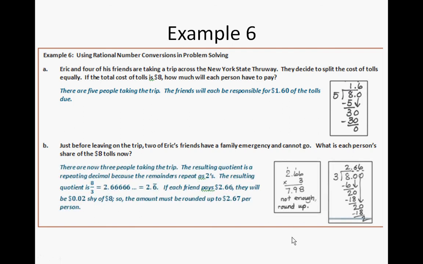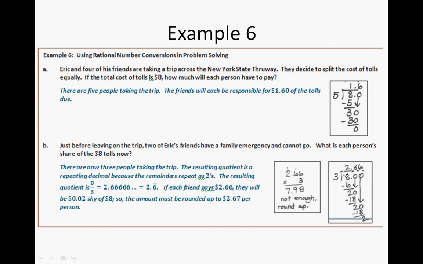So now there are 3 people taking the trip, resulting in a repeating decimal. Notice what happens if we have 2.66 repeating. If I take 2.66 repeating and multiply it by 3, are we going to get $8? No, that's not enough. So we have to round up.